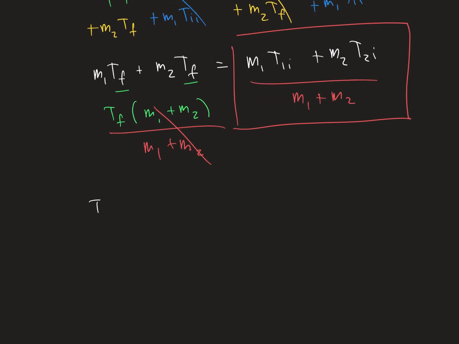So now for our TF, we got to plug our values in. You guys have the values? Because I have them right here. I know you can't see them on the board.